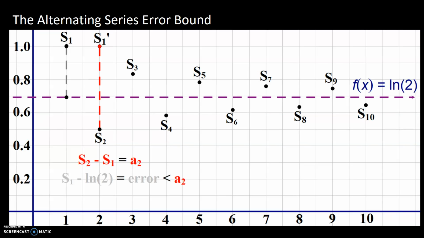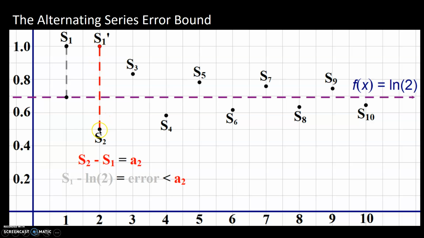So now, what are we actually looking for? What I'm asking is, how close is the first partial sum, the value of 1, to the natural log of 2? This is what we're going to call error, the error between natural log 2 and my first partial sum. What this red line represents is the distance between S2 and S1.